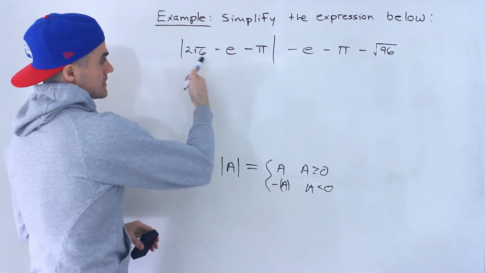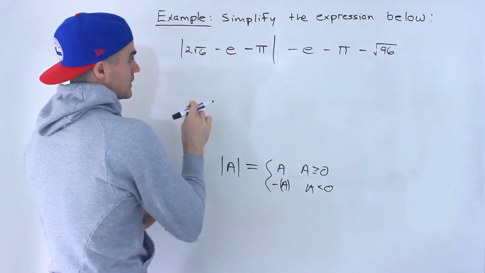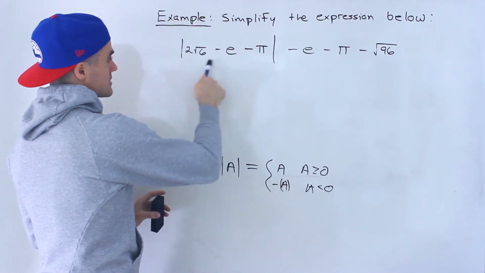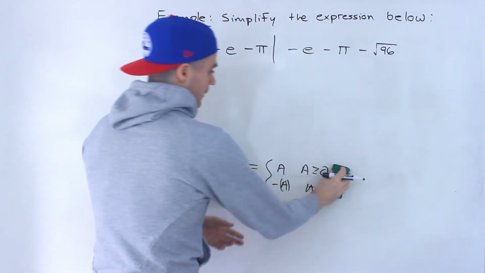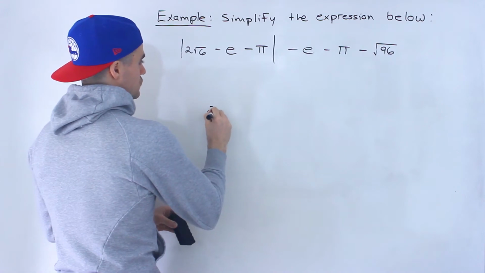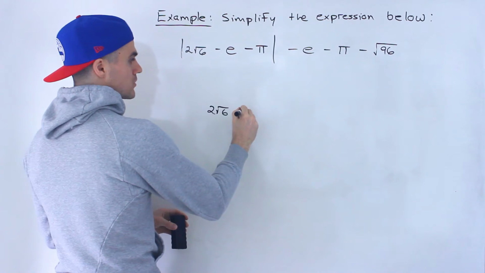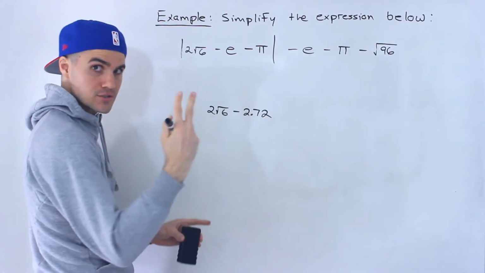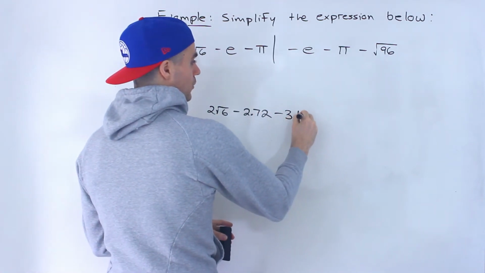The question is, let's say we don't have a calculator, how do we figure out if it's positive or negative? Because we have e, pi, and then this radical here, 2 root 6. Well, if I rewrite it, 2 root 6 now minus e, we know Euler's number is approximately 2.72 if we round it to 2 decimal places, and pi is approximately 3.14.